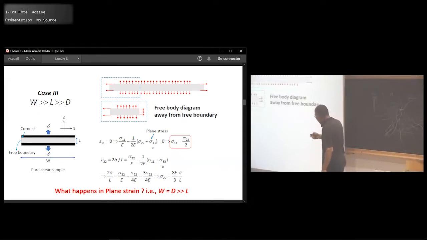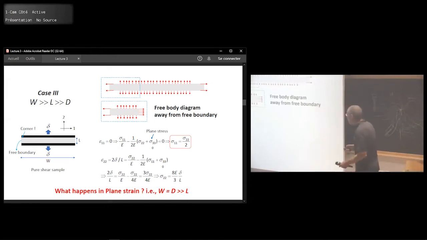So as a result, there will be a sideways force, a shear force acting in this direction. In reality, this shear force is distributed near the edge, just like what I did last time. If you look at this shear force from far away, it will appear as a uniform stress, sigma 1,1, in this direction.